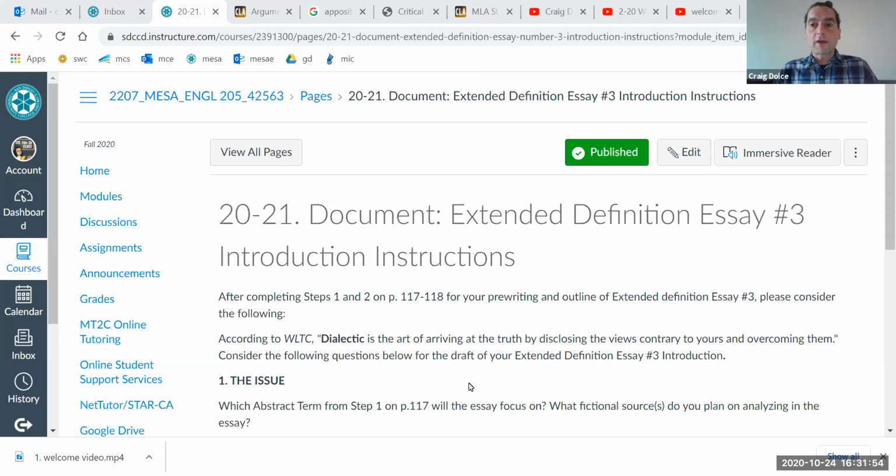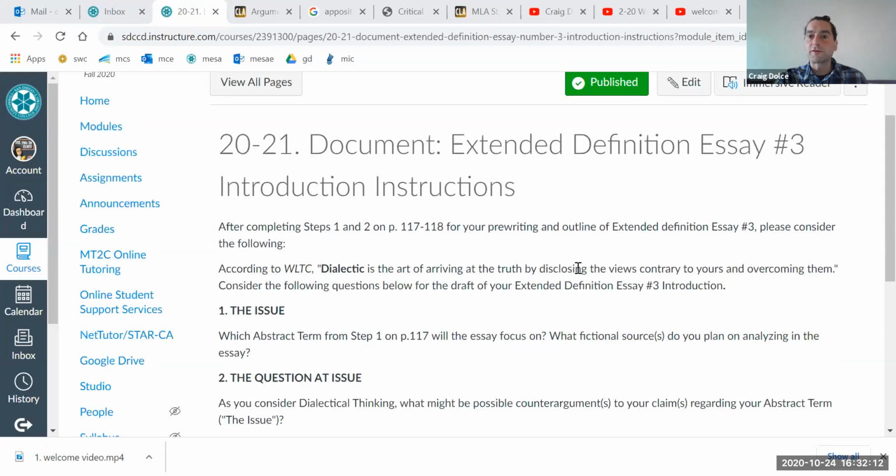How could tragedy possibly have been averted in Macbeth, in Hamlet, or in whatever fictional source or sources you choose to write about? So this assignment is an exercise in dialectical thinking, which is arriving at the truth by disclosing the views contrary to yours and overcoming them.